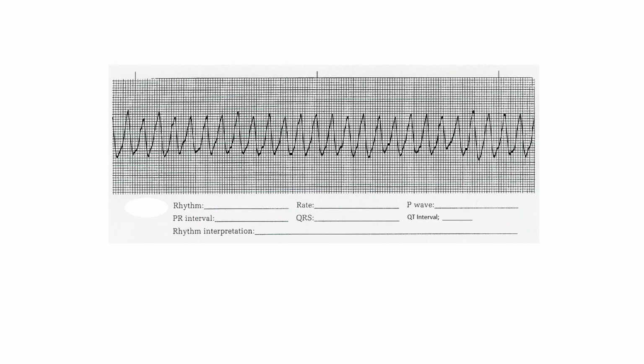So your treatment would be synchronized cardioversion. When you do synchronized cardioversion, just like SVT, you might want to consider sedating this patient because it hurts. You would put them on the monitor, turn it to the defib mode, and then hit the sync button.